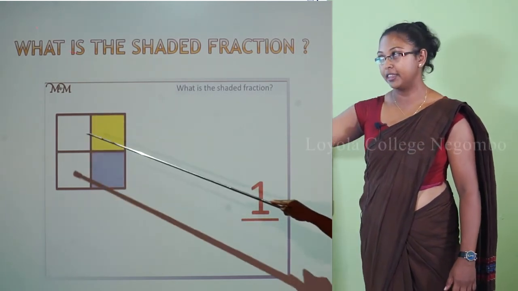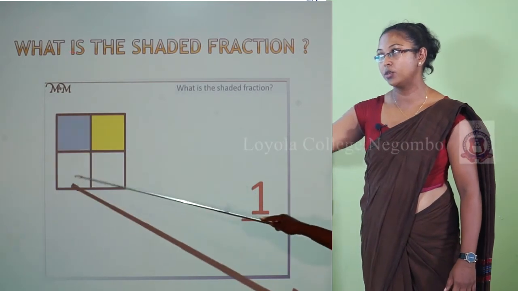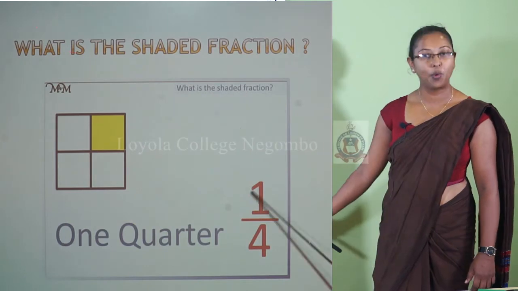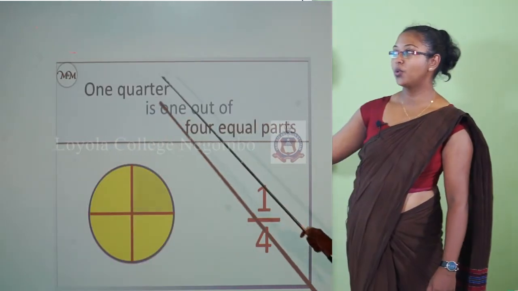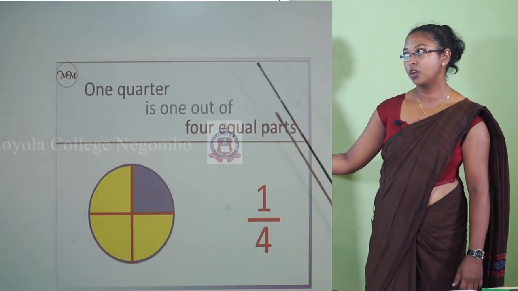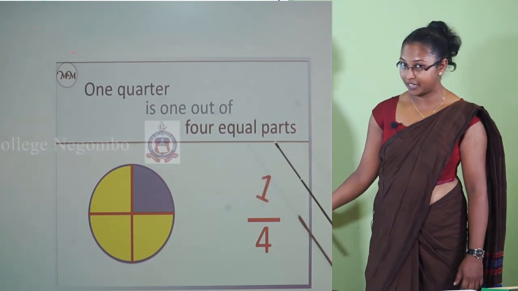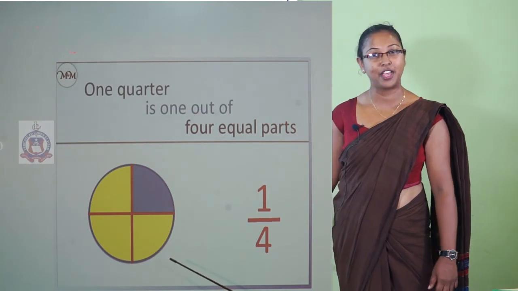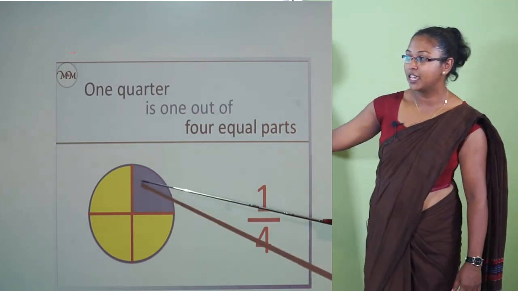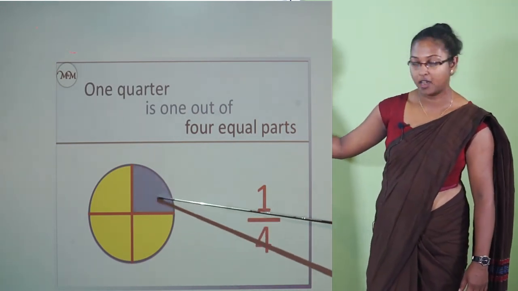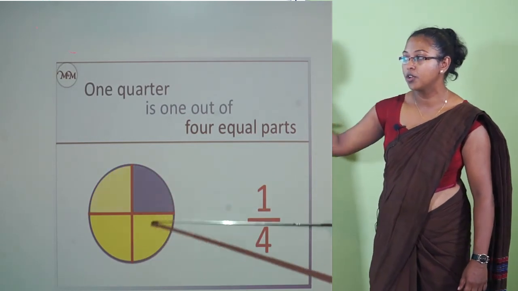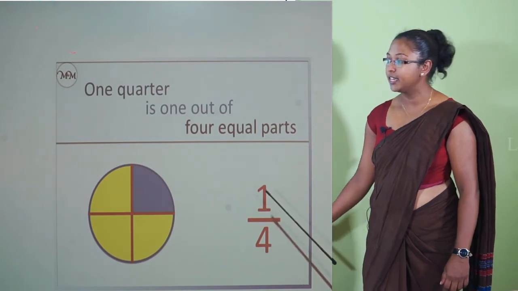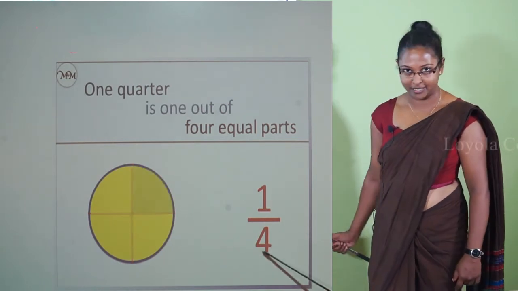That is 1 part out of 4 equal parts, called a quarter. I'm reminding you again and again for you to understand well. Okay, Pute? So here's a quarter: 1 out of 4 parts is called a quarter.